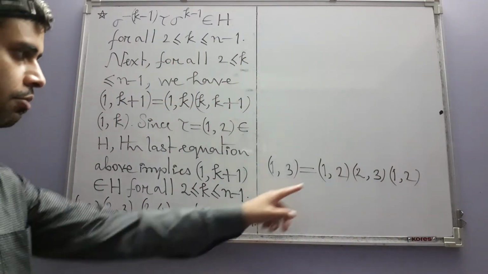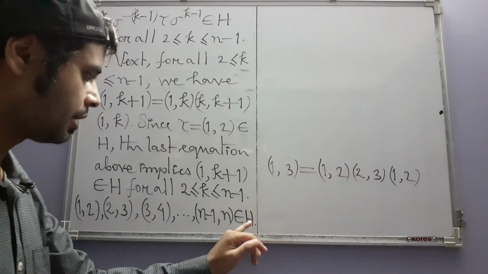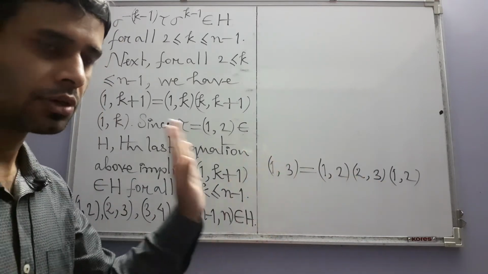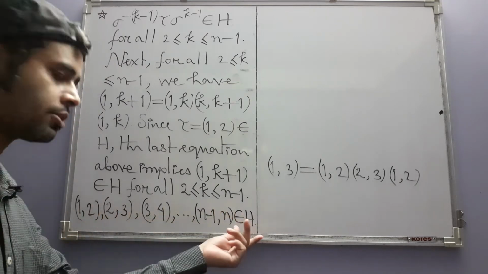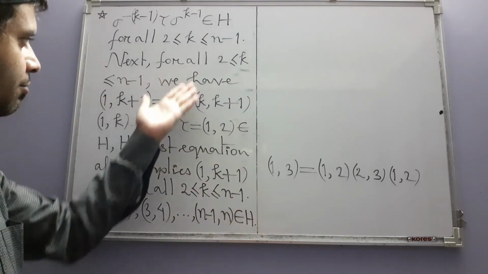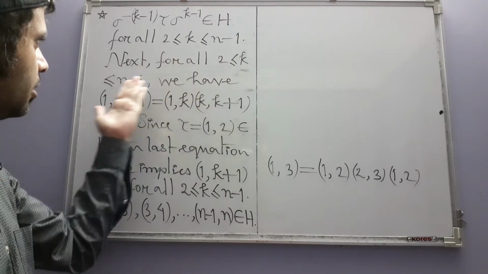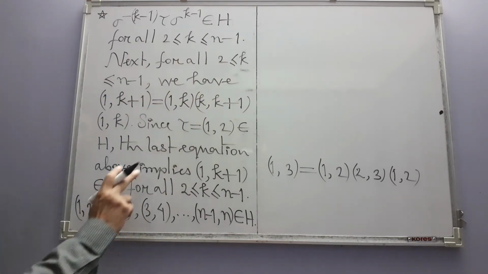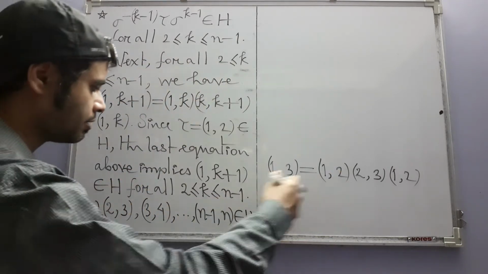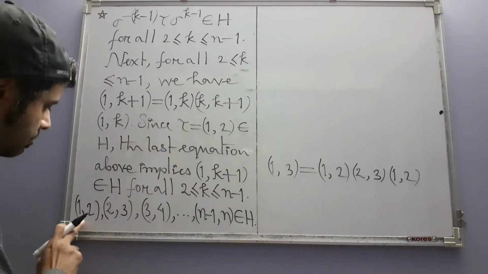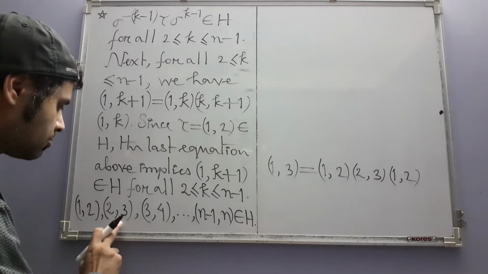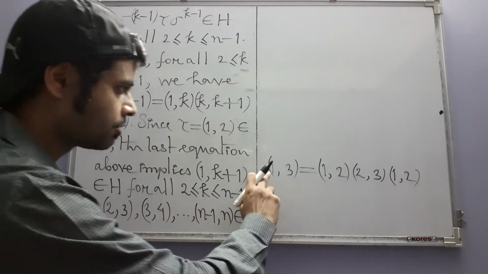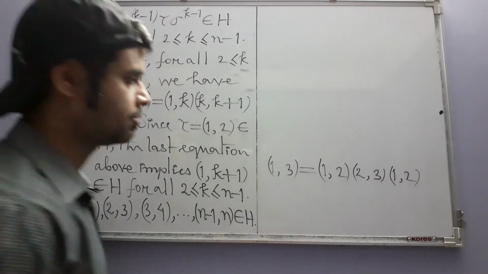Okay. Now (1, 2) and (2, 3) are both in H. (1, 2) is of course our tau that was originally in H, but (2, 3) also belongs to H. We have this result from here. But anyway, we have the thing written here in detail. So (1, 2) and (2, 3) both belong to H. So (1, 3) now also belongs to H.